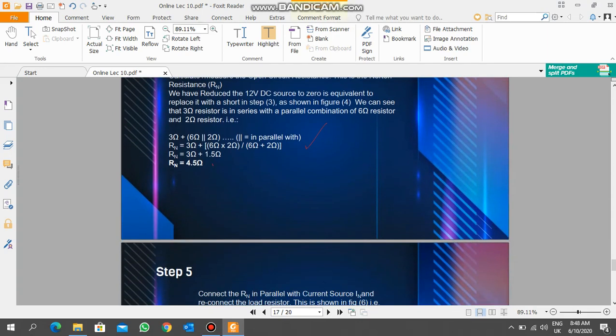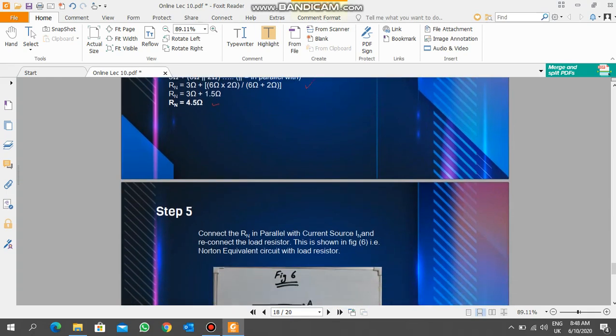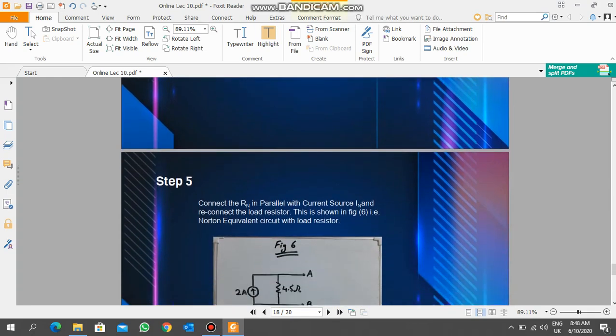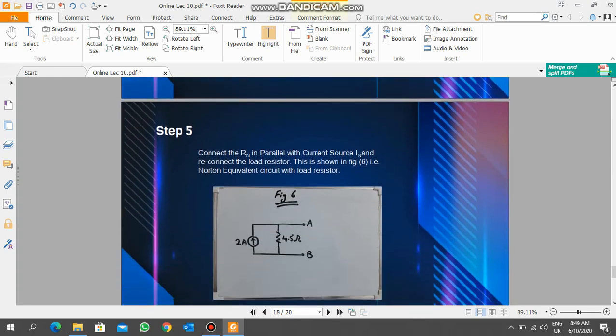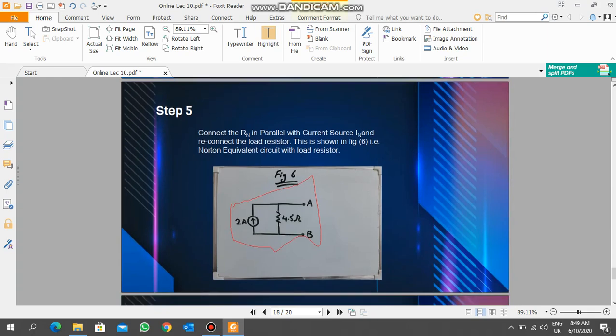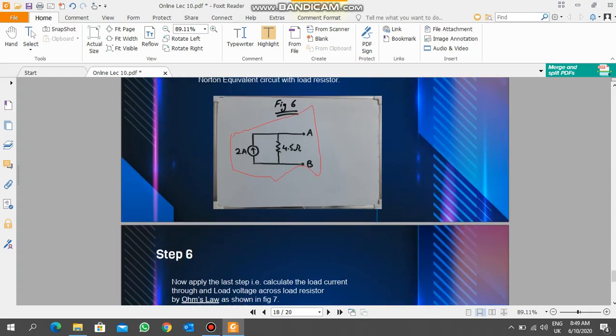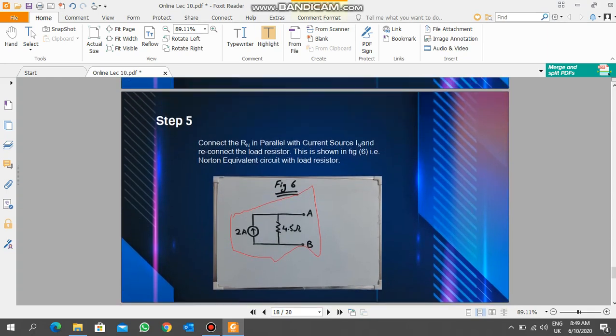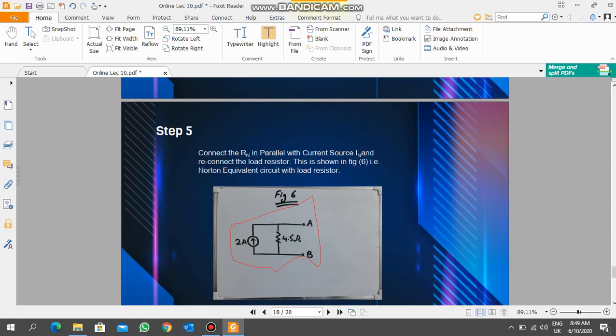Now we will find the final thing in this step, that is ISC. What is ISC? ISC is the current through the short circuit. We will apply CDR, the current divider rule. What is CDR? This is the CDR formula. IN is equal to, 3A. What is 3A? Total current.